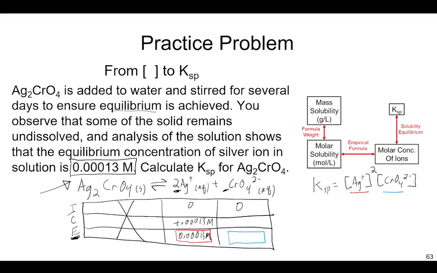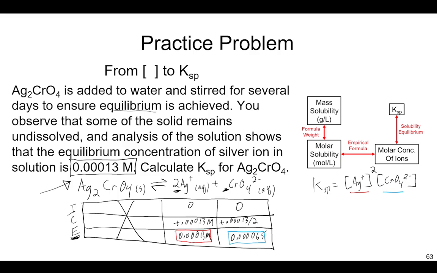The chromate, though, this chromate went up by half that amount, since the stoichiometric ratio here is 2-to-1, right? This is like calling the change 2x for silver and just x for chromium, right? So we can calculate how much CrO4 2 minus went up. It's 0.00013 divided by 2. And so at equilibrium, the chromate is 0.000065, half of the amount that silver went up.